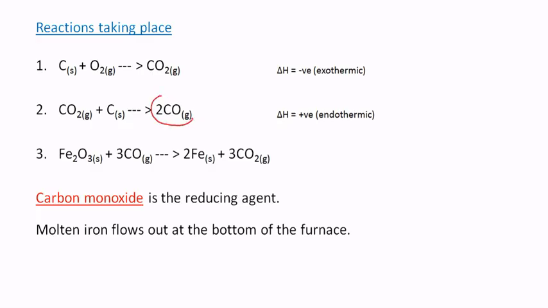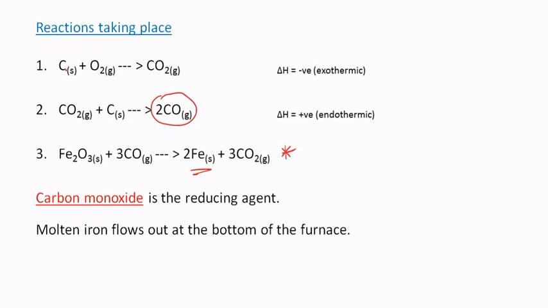Now, the next reaction taking place is Fe2O3 plus 3CO produces 2Fe plus 3CO2. So you have the iron trioxide reacting with the carbon monoxide to produce iron and carbon dioxide. So this equation shows how we produce the iron. Make sure you familiarize yourself with this.